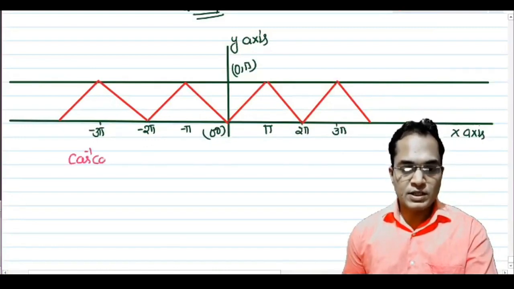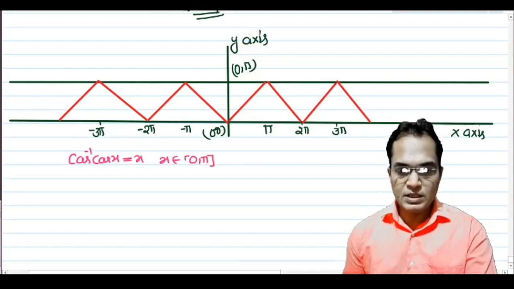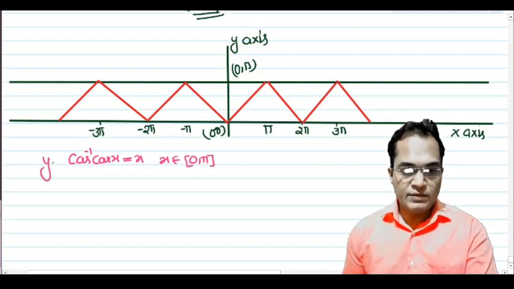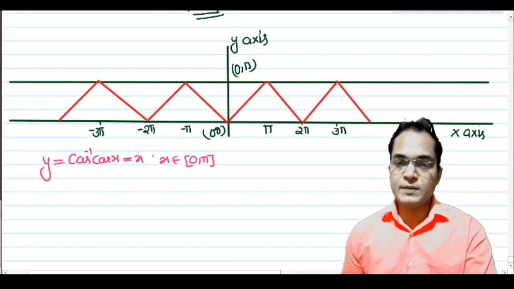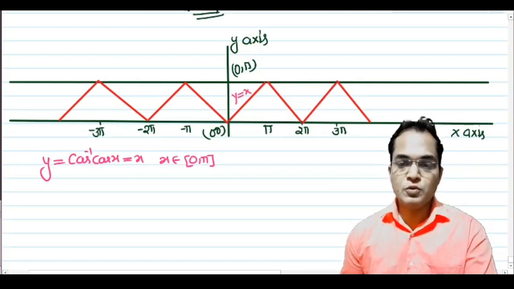Cos inverse cos x equals x when x belongs to 0 to pi. Yes or no? Means in this interval the graph is the y equals x line, from 0 to pi.